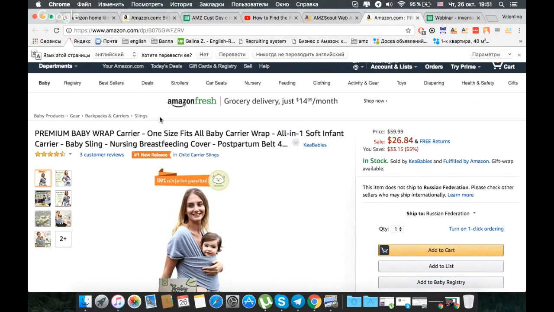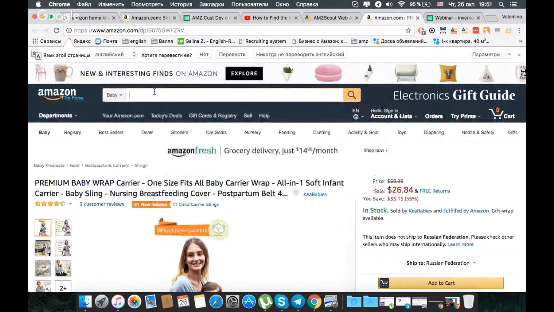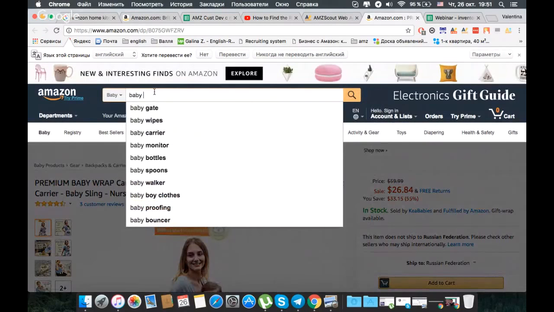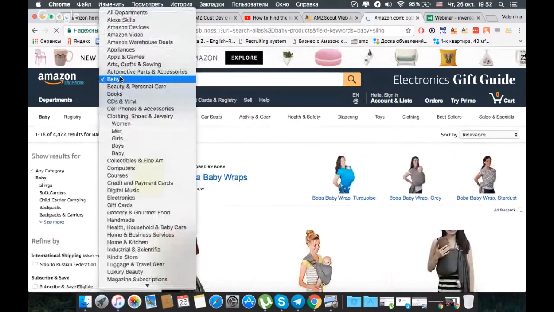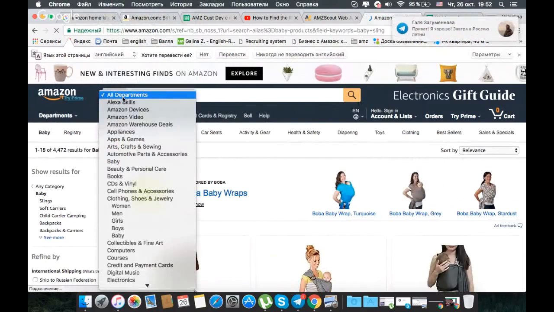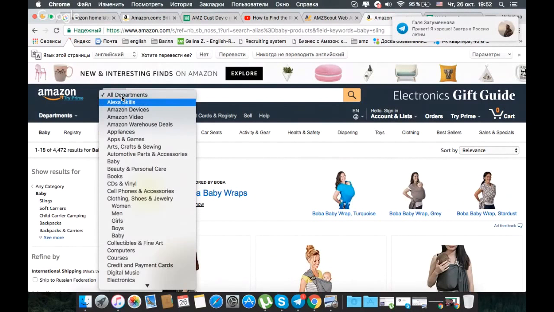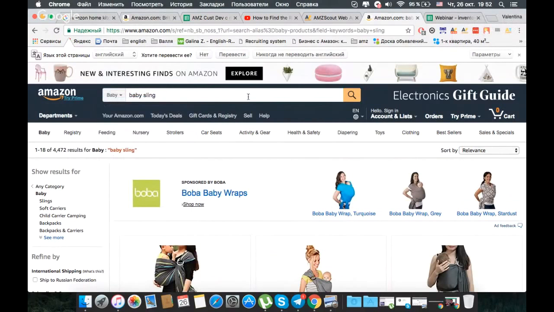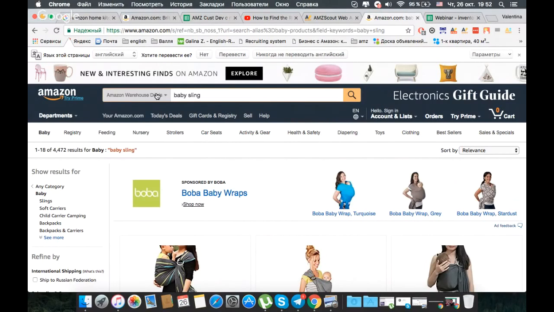I can copy this word, or I can just type it here. It's short. Baby sling. And I'm going to look in all departments, by the way. Yes, very important to make sure you're in the broadest category. All departments will give you the most broad results when searching product statistics.